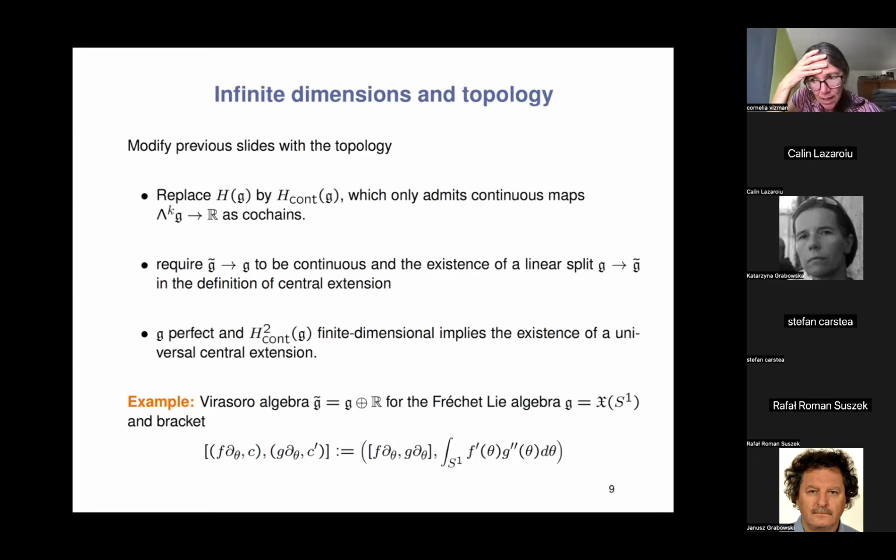I wonder if this works for any topological algebra, or you need some kind of complete topology, something like Fréchet. We will work with Fréchet, and I don't know. Thank you for the question, but this is something I don't know how to answer now.